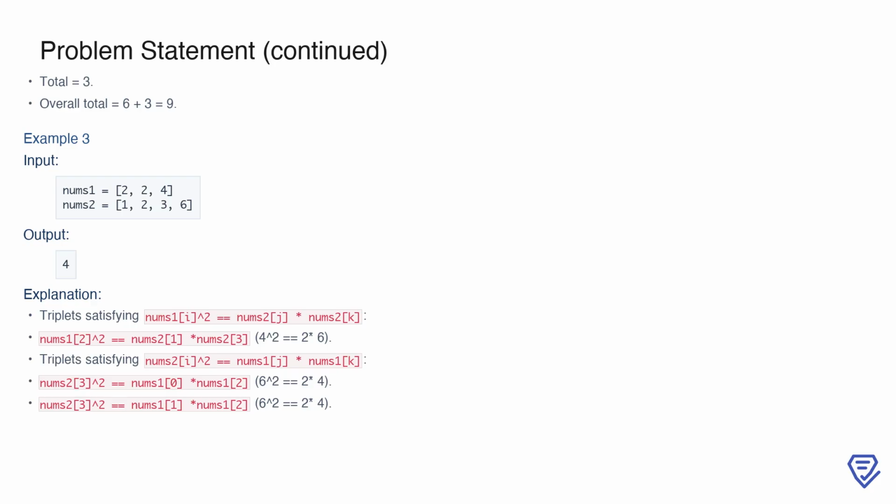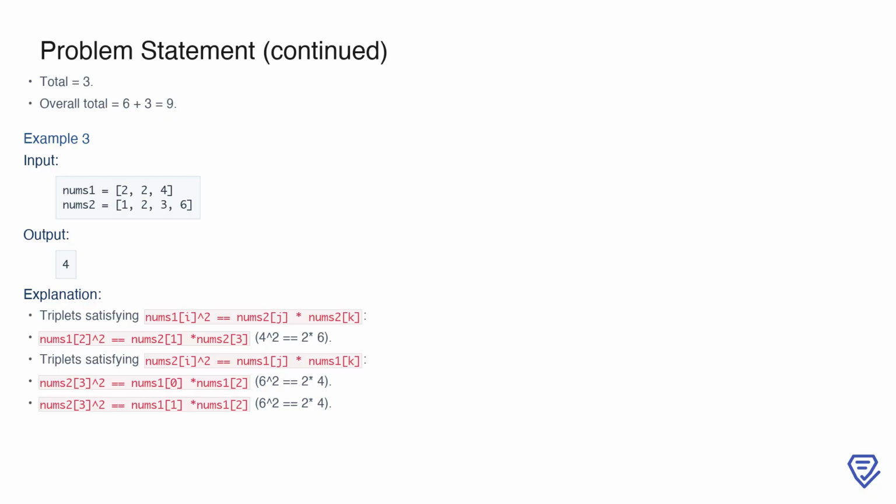Now, consider a final example where nums1 is [2, 2, 4], and nums2 is [1, 2, 3, 6]. The output here is 4. First, for the condition where nums1[i]^2 equals the product of two elements from nums2, there is one valid triplet. Specifically, nums1[2]^2, or 16, equals nums2[1] * nums2[3], which is 2 * 6.